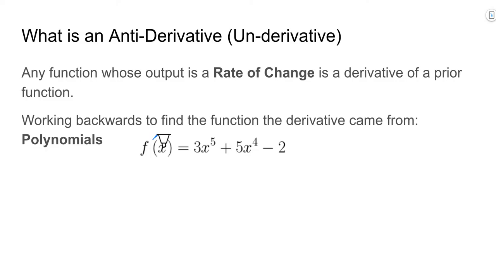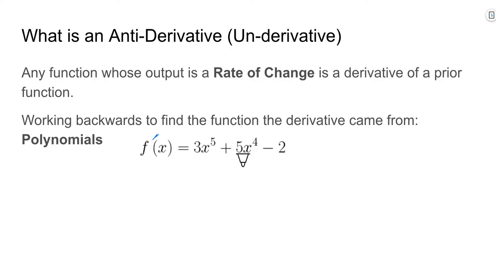Okay, so this is a derivative. So I'm thinking, how did I get 3x to the 5th? I took an exponent, I multiplied it in front, and then I subtracted 1 from the exponent, right? How do I do that backwards? How do I do that as an inverse function?